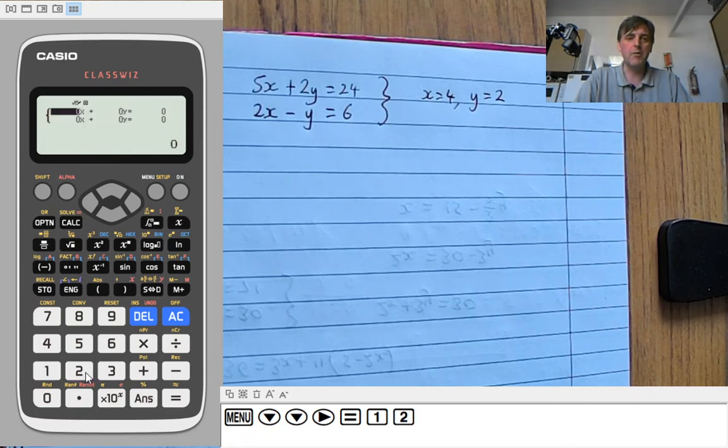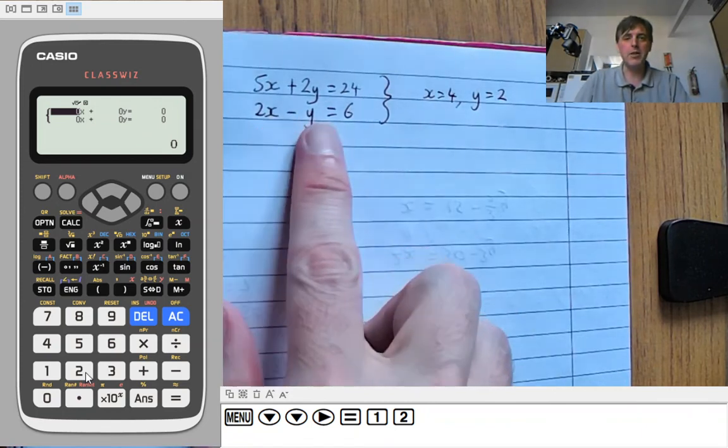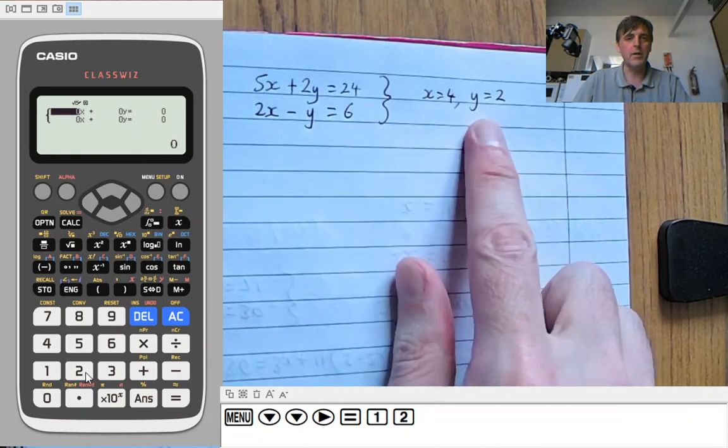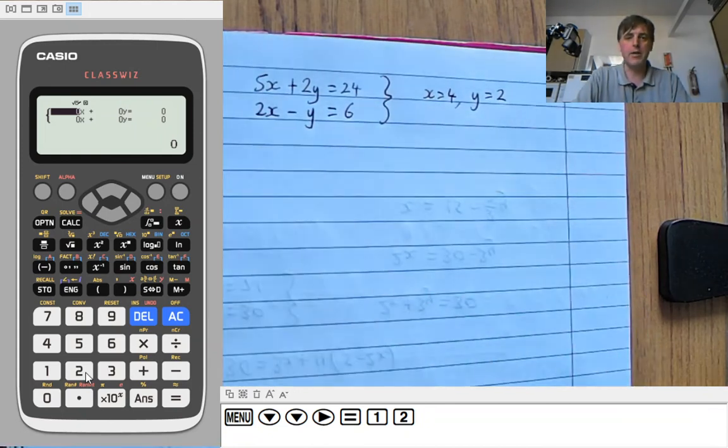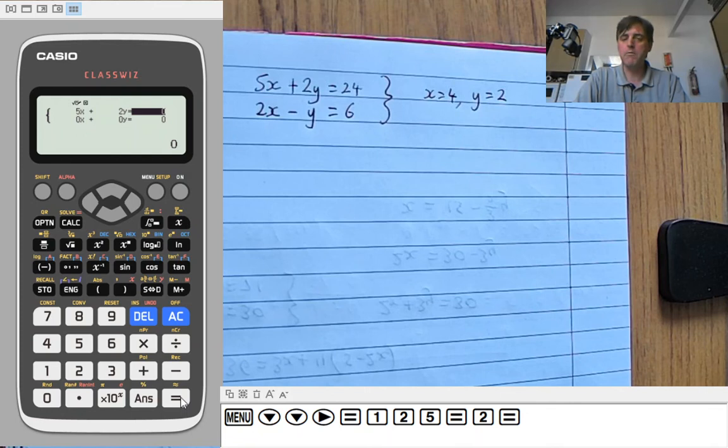Your calculator goes up to 4. And what we'll do is look at the question that we actually started off with. We already know the answer because we worked it out, but let's show you how it works on the calculator. So we've got coefficients here, 5x, 2y, equals 24.